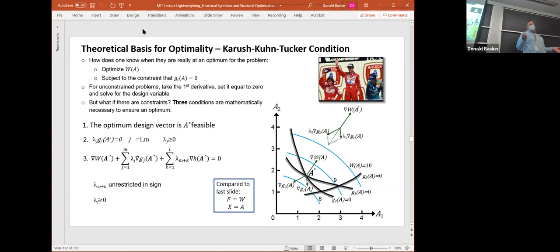And this is where the mathematicians invented the Lagrangian principle or method or multiplier, whatever you want to call it. What it says basically is that you have some Lagrangian, they call it L, equals f(x1, x2) minus the Lagrangian multiplier lambda times g(x1, x2).